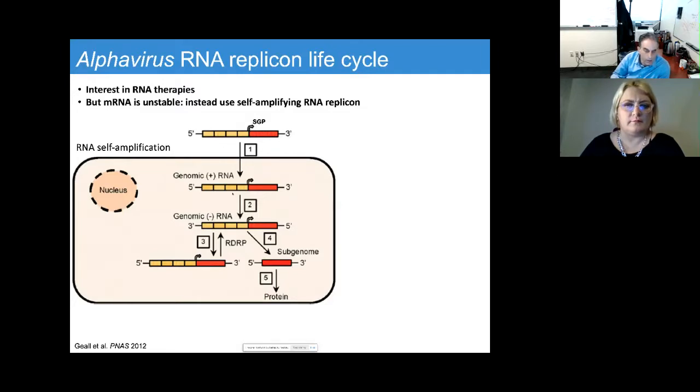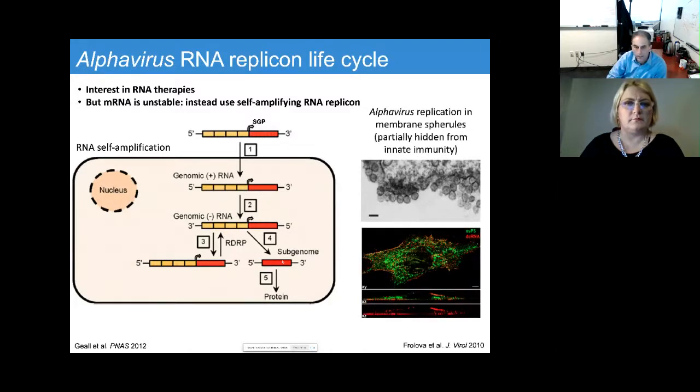So that's important. And the other thing is that in addition to making the full genomic RNA, it also is making subgenomic RNA, and this is where we can put our payload. So by putting this molecule in, we can control expression of the therapeutic payload. Okay, so I'll skip this. And we've been able to observe really long-term expression from RNA, greater than a month in our mouse models.